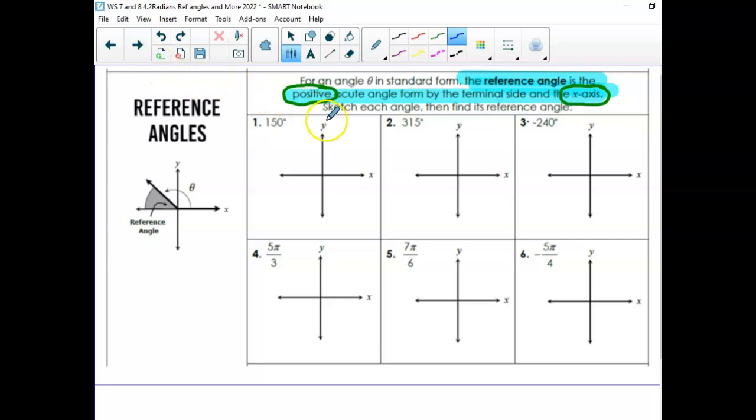Okay. So 150 degrees would rotate past 90 and stop over here somewhere. And so we're to sketch it. But we're also to find the reference angle. The reference angle is the positive angle it makes with the x-axis in here.